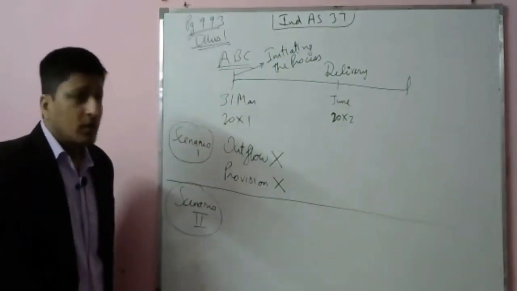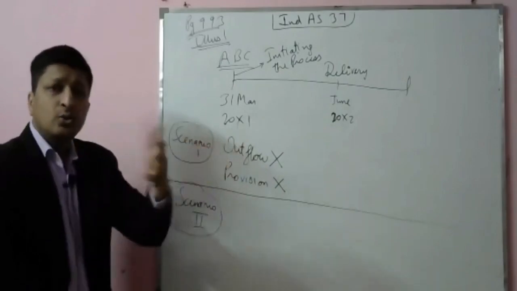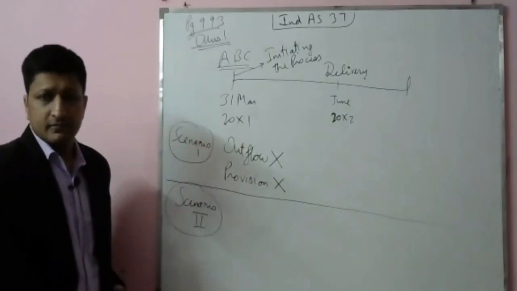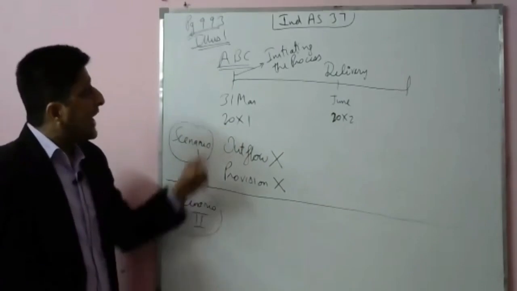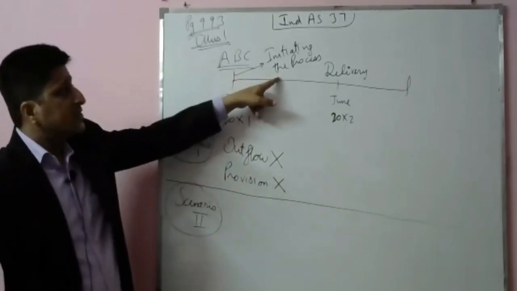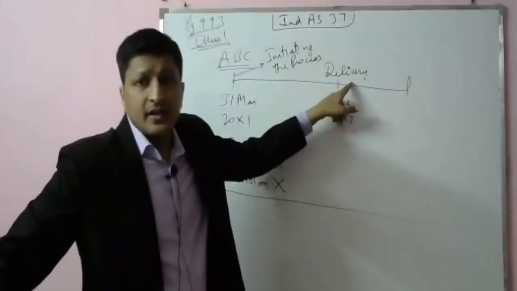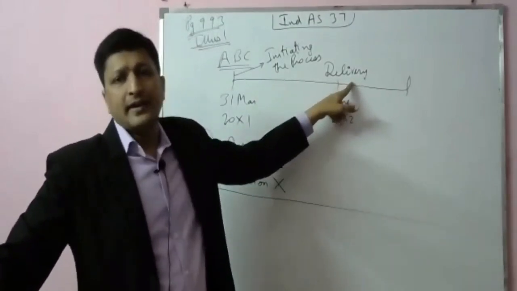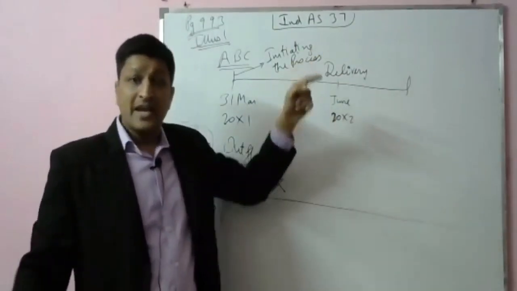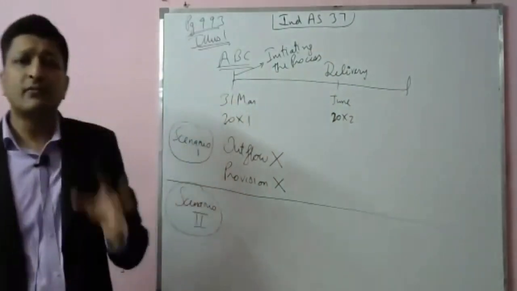Now we know that on this date, no process has been initiated. And if this process doesn't get initiated, then the delivery is bound to get delayed. And if there is a delay, penalty would be levied.